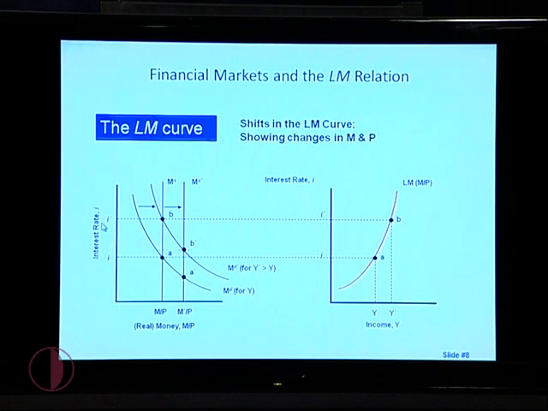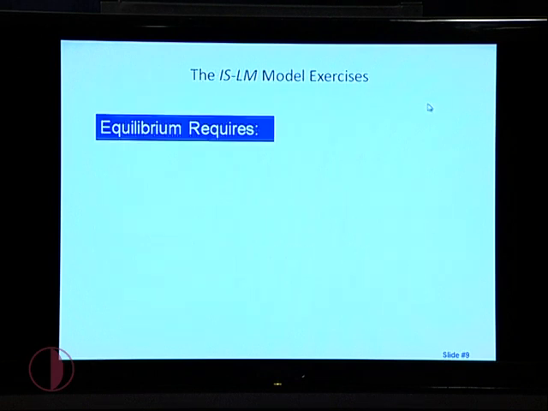Look at it, the interest rate decreases, so now output increases. What happened? The LM curve shifts to the right, while MD is in equilibrium. What does the equilibrium require?